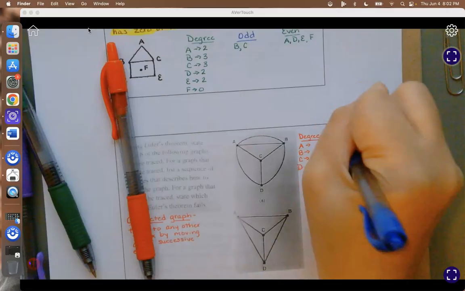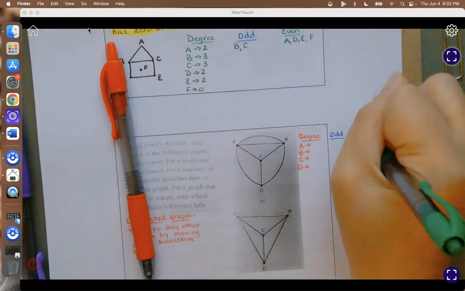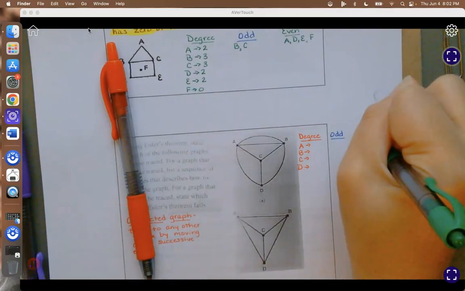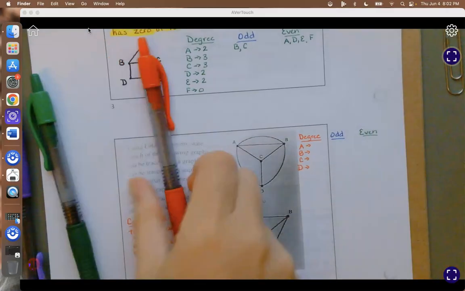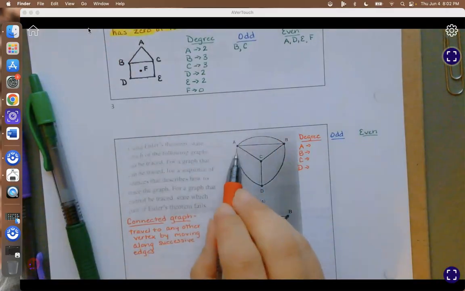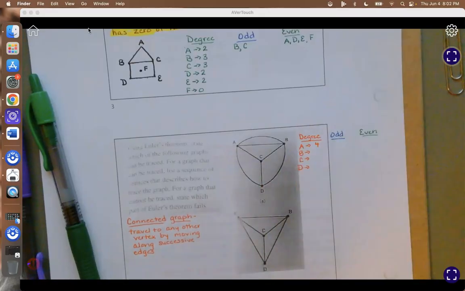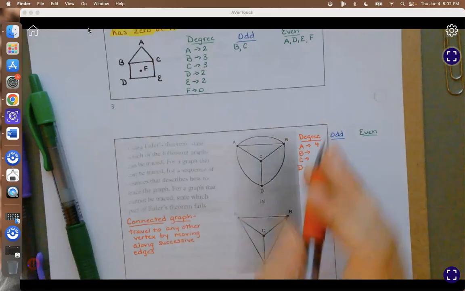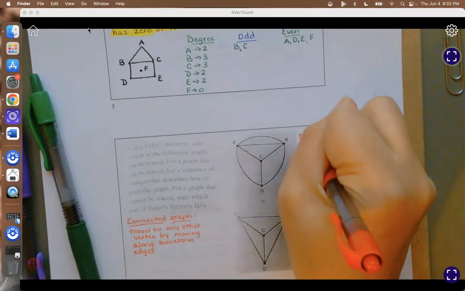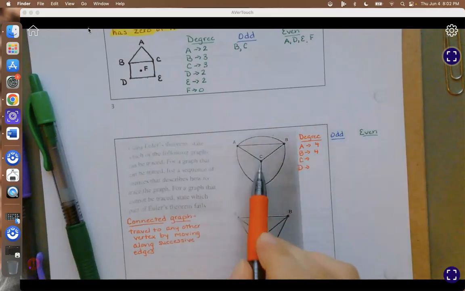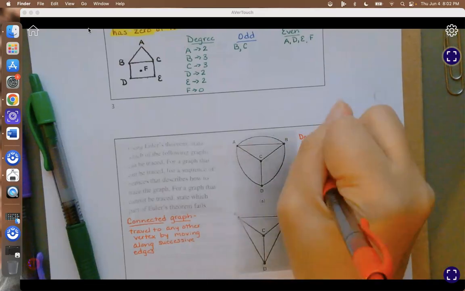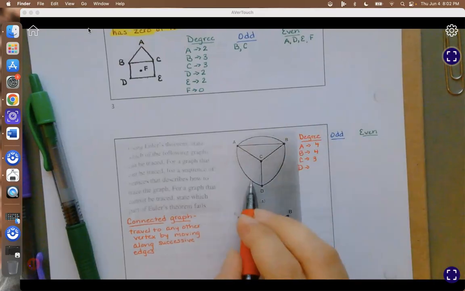When we look at the odds, there's 2. So yes, this can be traced. Now we have to find a path that will allow me to touch every point and get back to the original point. Okay?